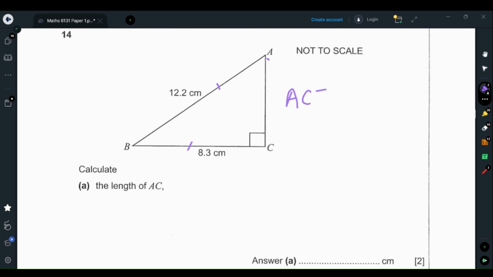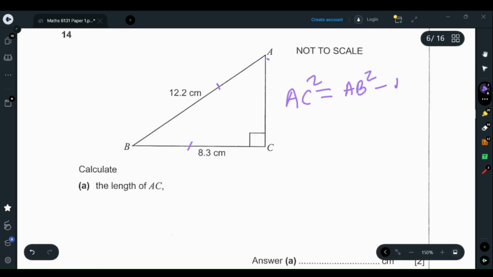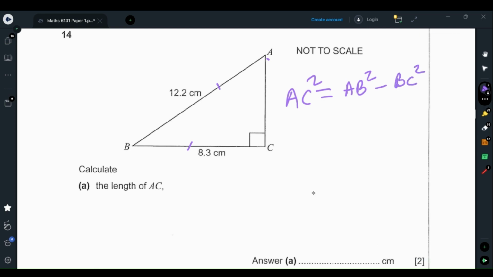So AC squared using Pythagoras is equal to AB squared minus BC squared.